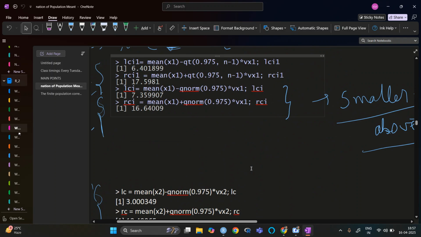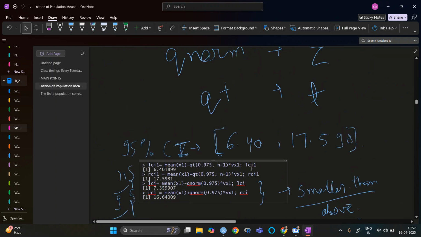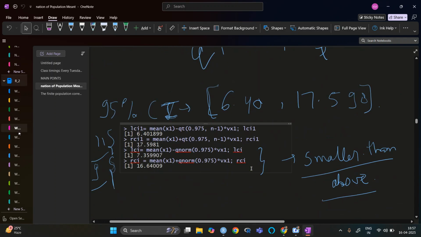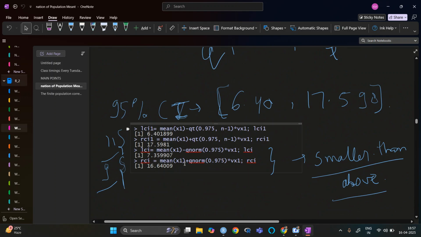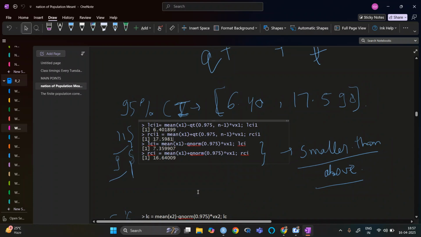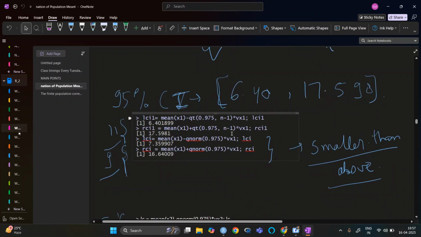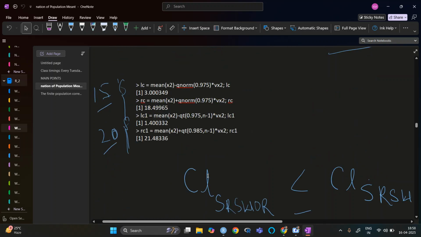I have shown that if you find the confidence interval here, for the normal one it is smaller, and with the t test it is larger.